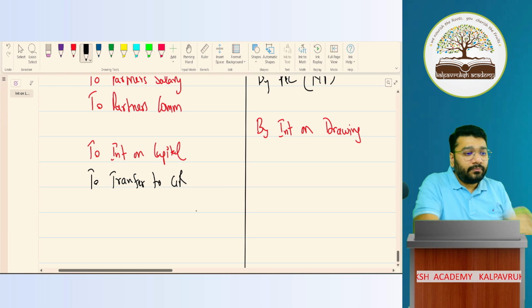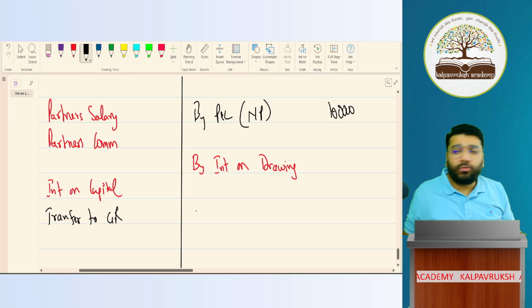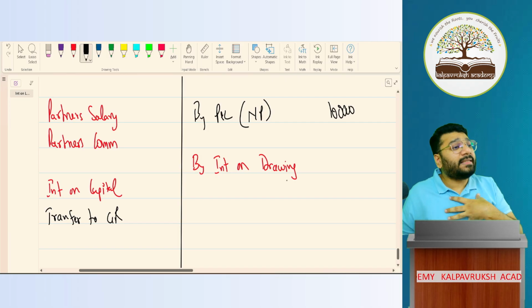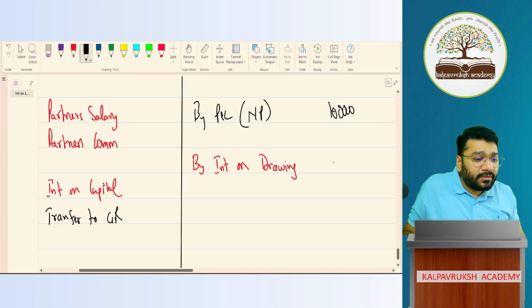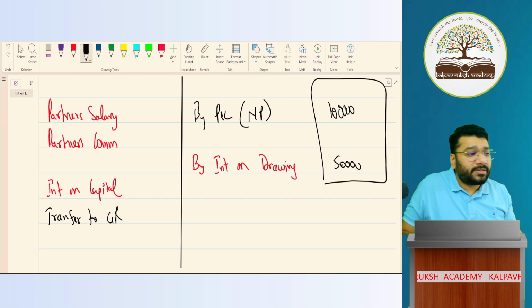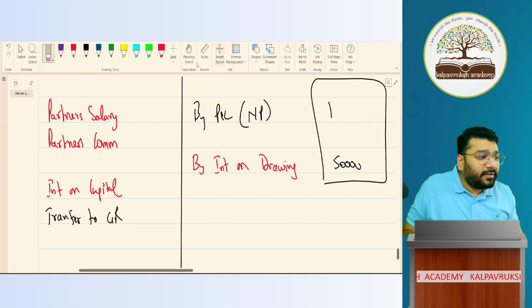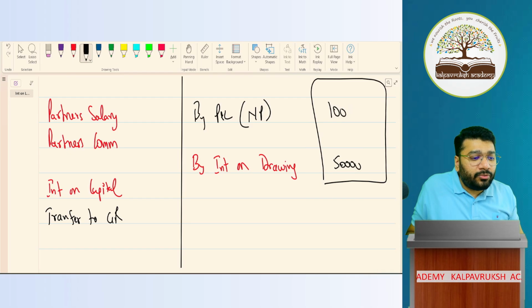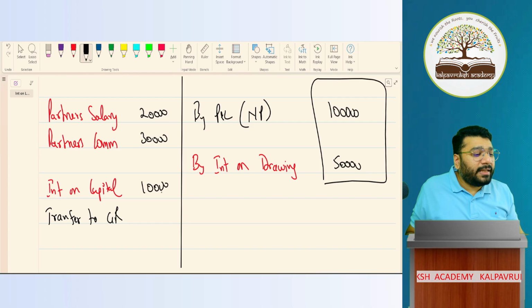Now, the profit that is available is 1 lakh. Interest on drawings for me is income. Imagine it is 50,000. What is the total available profit for distribution? 1 lakh 50,000 is the profit available for distribution. Imagine salary given is 20,000, commission given is 30,000, interest on capital 10,000, transfer of profit 10,000.